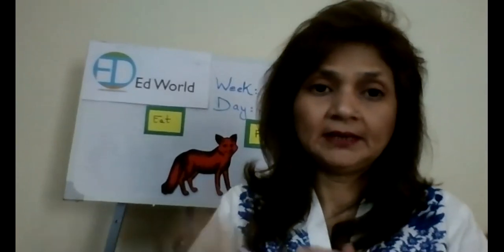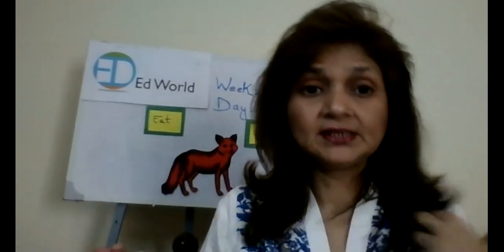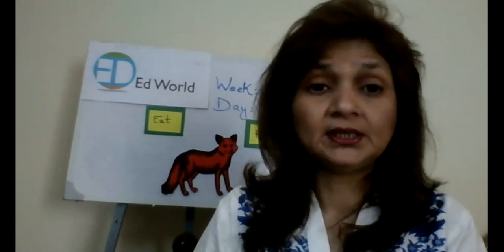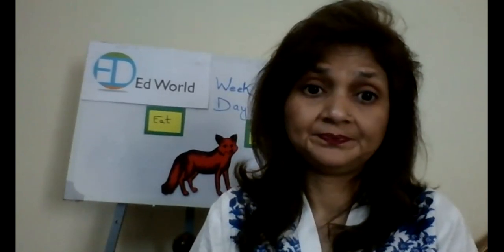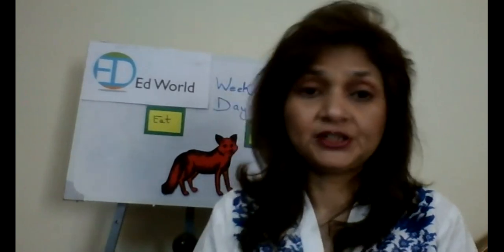So today I'm going to tell you about what the fox likes to eat, right? Now, if I ask you, what do you think fox likes to eat? Can you guess anything that you think is the food of fox? Animals, correct. You see, foxes are hunters. They hunt for food.